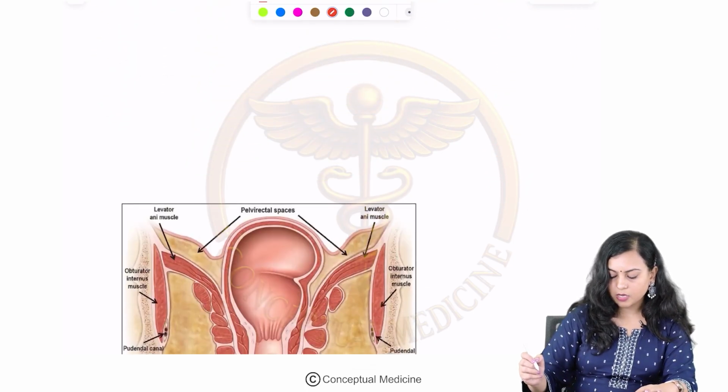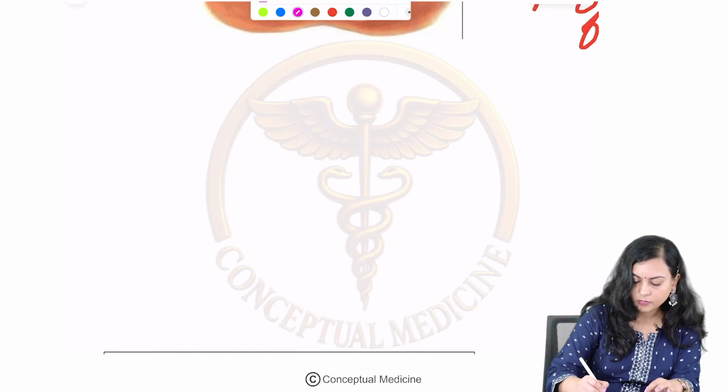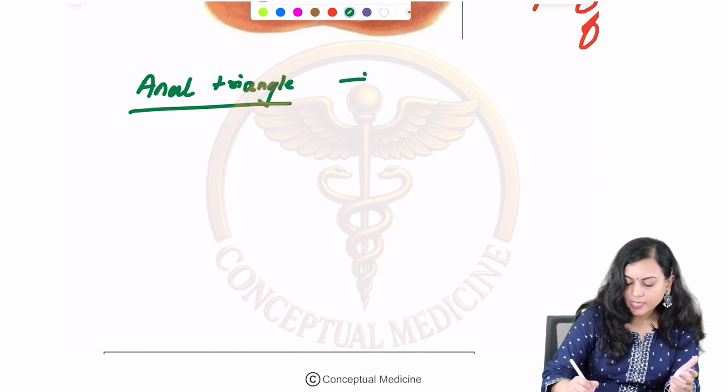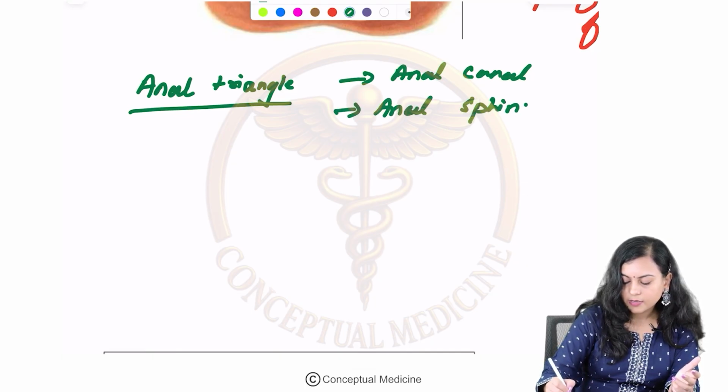Right? Now we will go to the anal triangle. So what are the contents of anal triangle? As we have already seen, it is the anal canal, anal sphincters, and then ischiorectal fossa.